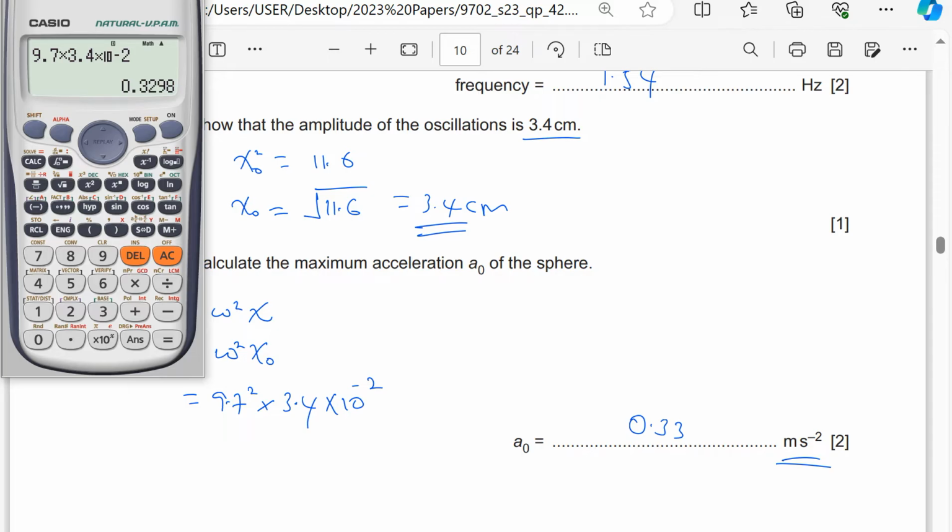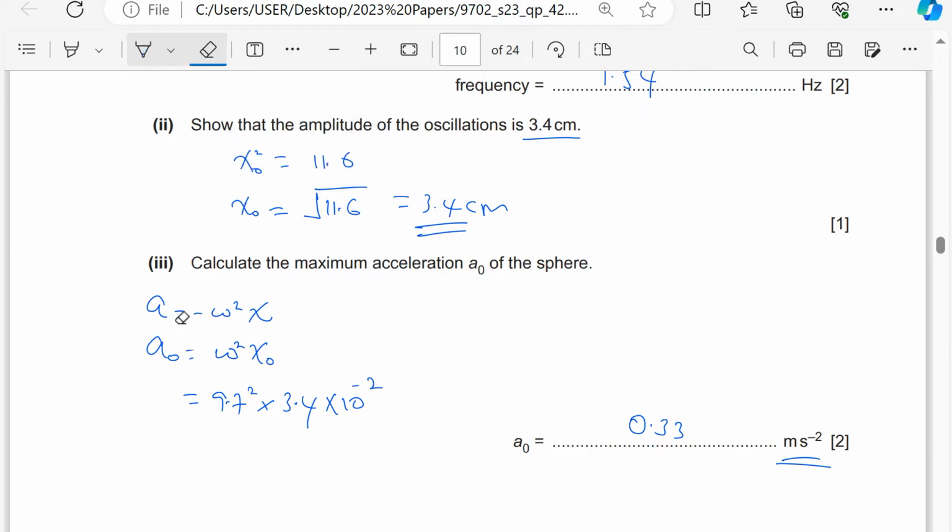I didn't square 9.7. 9.7 squared times 3.4 exponent minus 2. So it is not 0.3, it is approximately 3.2. So this is 3.2 meters per second.